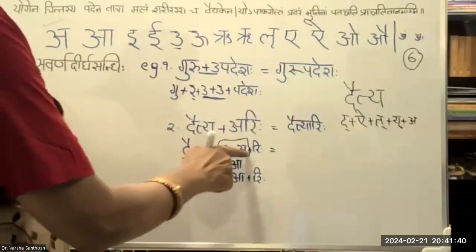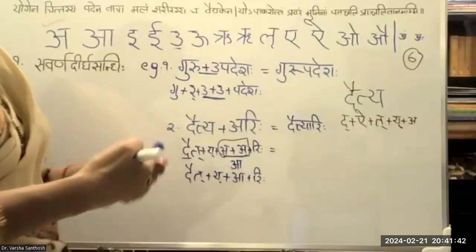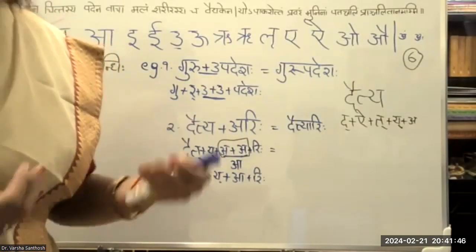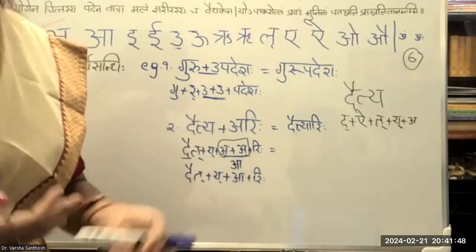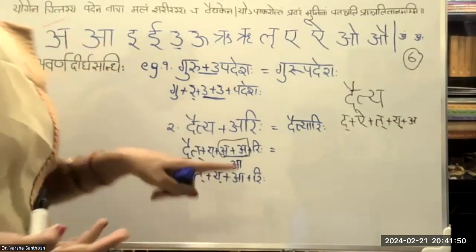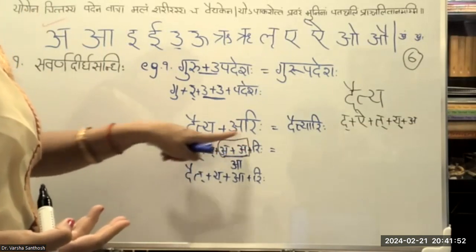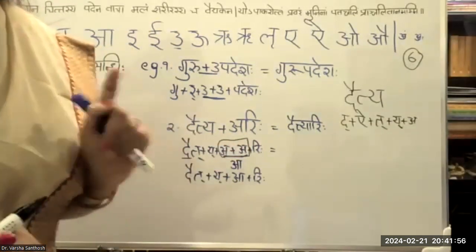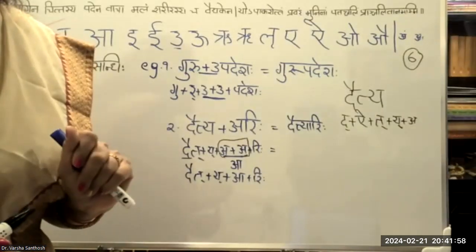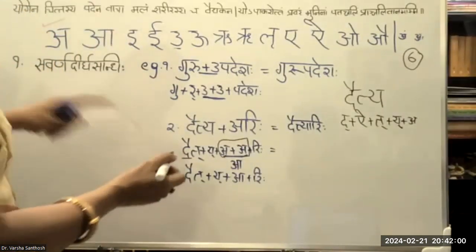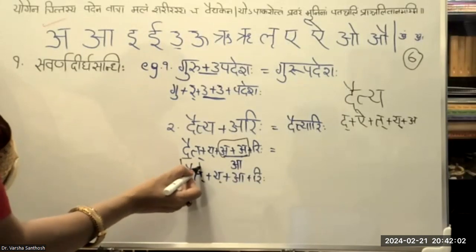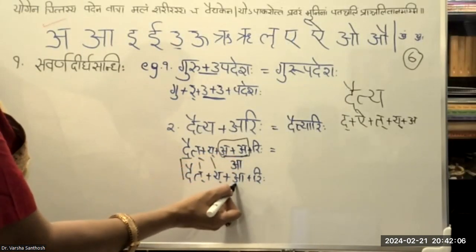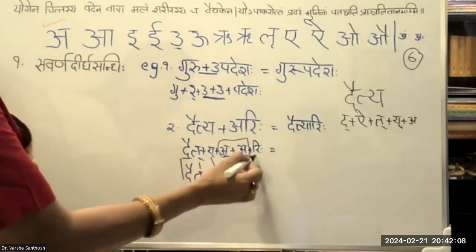So when Savarna is going to join, over there Dirgha has to happen. A is joining, so the Dirgha of the A is A. So in place of that, A plus A is equal to A, we are going to get. Is this step clear? Yes, Varshaji. Okay, so now we have Dai as it is, Ta as it is, Ya as it is, and A plus A we have A, and we have Ri as it is.